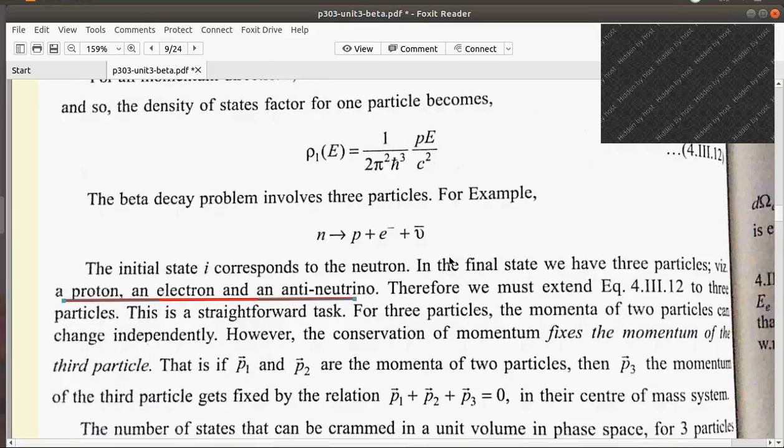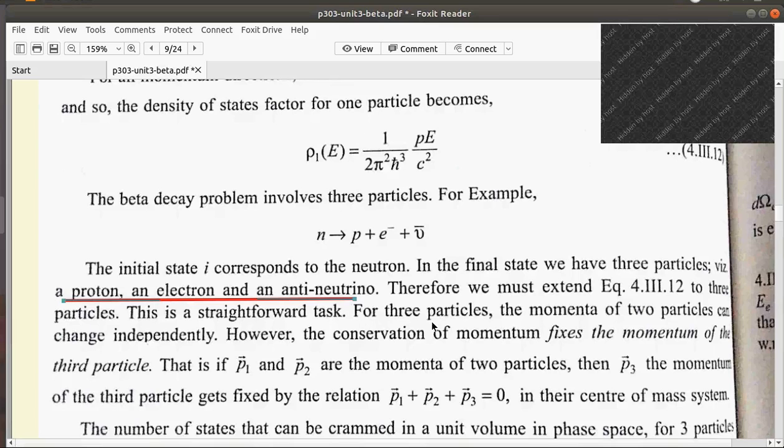Now, the equation was for only one particle, but we know that the final state has three particles: proton, electron and antineutrino. Therefore this equation must be extended to three particles.